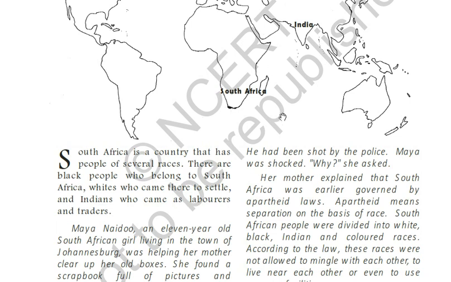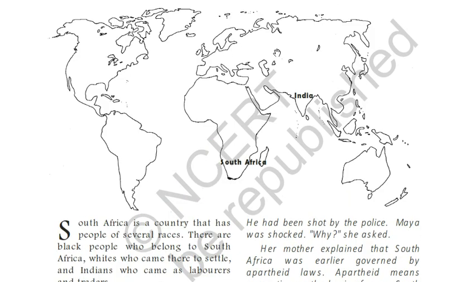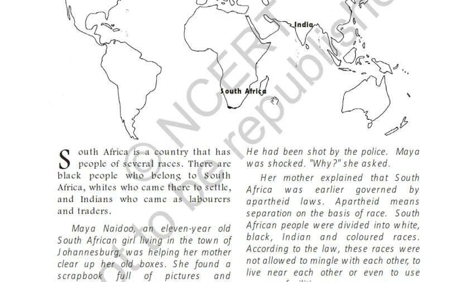Remember, here is South Africa, and the black people belong to South Africa. The whites came from these parts of the world to trade and to settle here, and Indians from India came here as laborers and traders.